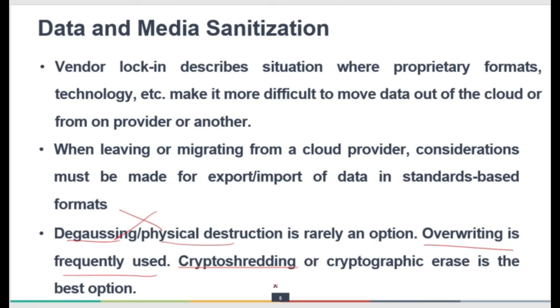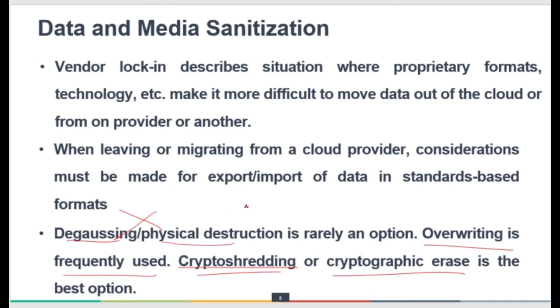It is of course the crypto shredding or the cryptographic erasure that is the best option. So remember, from exam point of view, when it comes to the best media sanitization method for the data which is stored in the cloud, it is the crypto shredding, or also known as the cryptographic erasure.